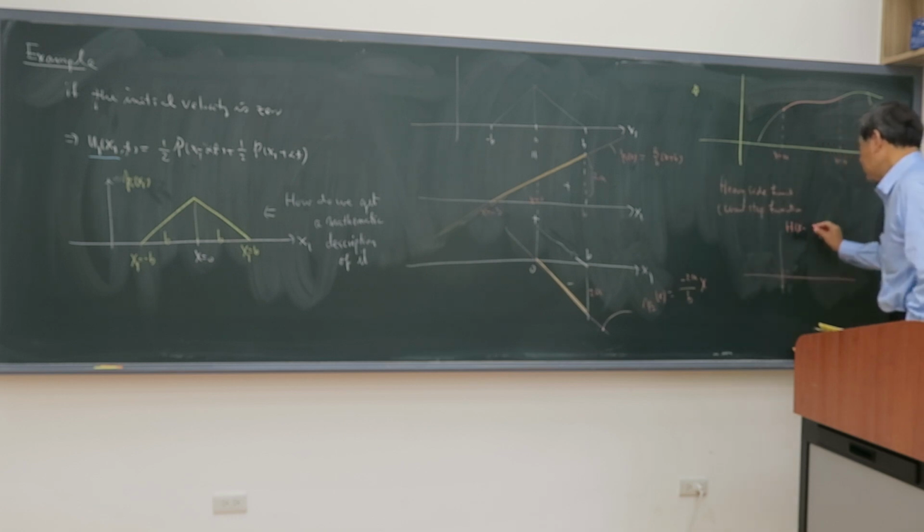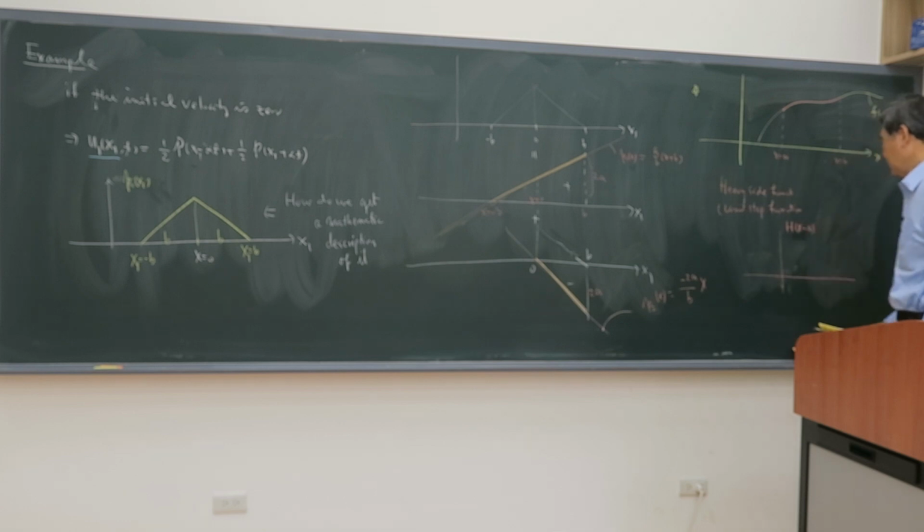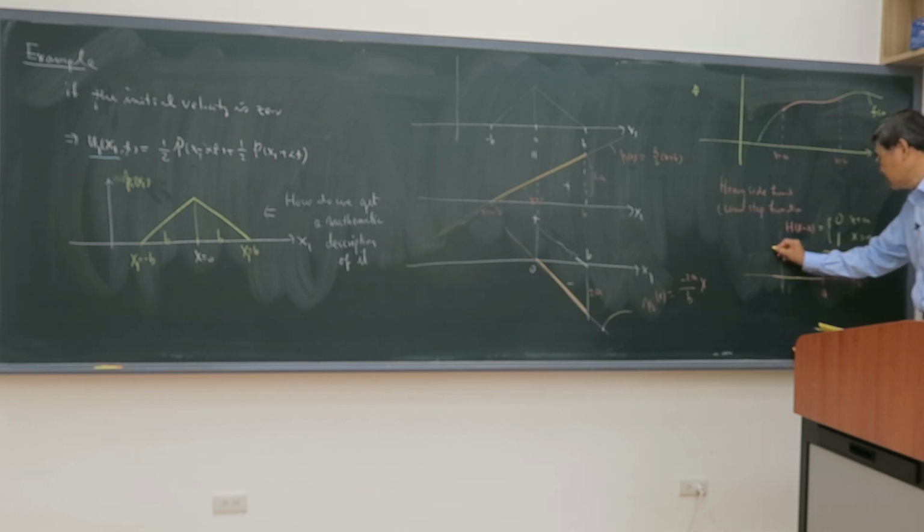H of x minus a. It's like what? This is a. For x smaller than a it equals 0, right? For x larger than a it equals 1. So the function looks like this. Okay?